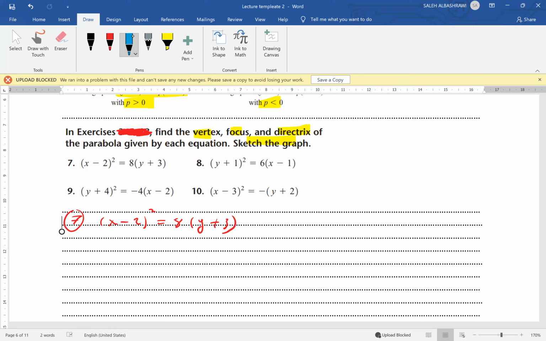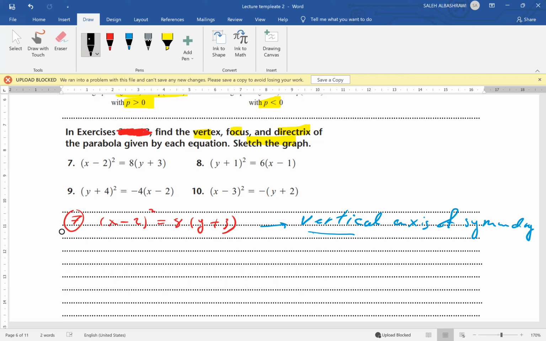First of all, we need to specify the direction of the axis of symmetry. Is it horizontal or vertical? I have (x minus 2) to power 2. If we have x to power 2, then the axis of symmetry is vertical.